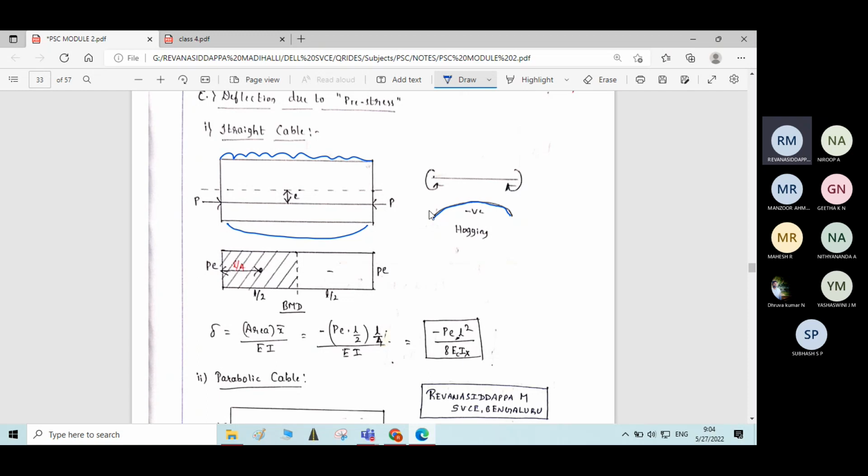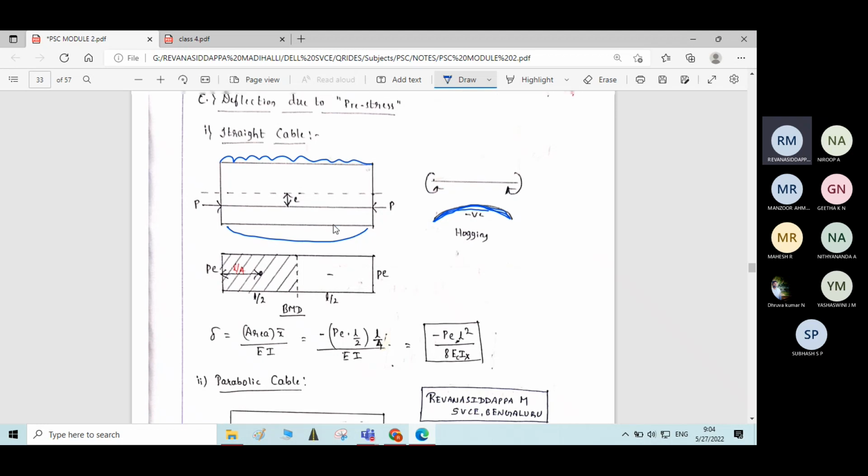The pre-stressing force will cause deflection in the opposite direction, in the upward direction, meaning it will cause hogging bending moment, which will result in lesser or reduced deflection of the beam.